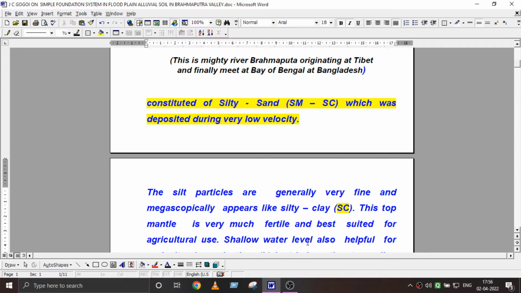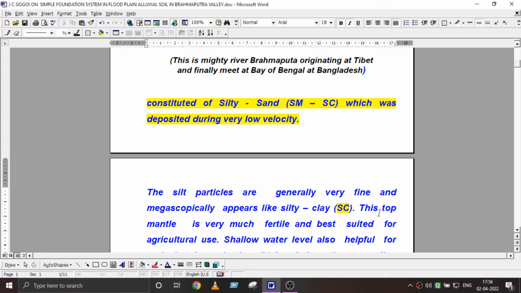The silt particles macroscopically appear very fine and behave like silty clay, which normally we can say is SC type of soil.